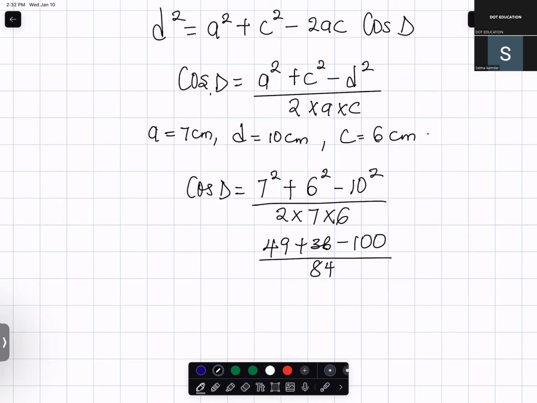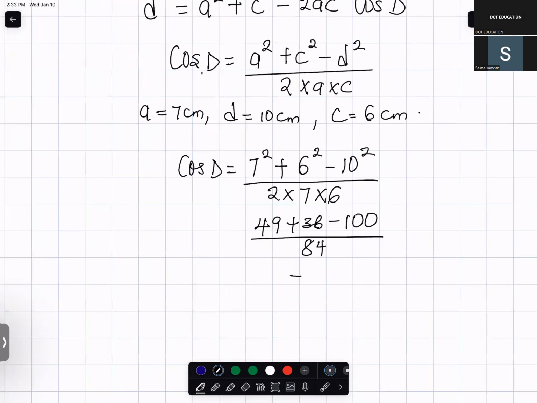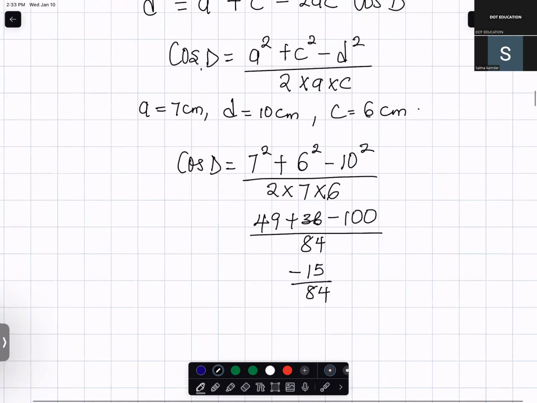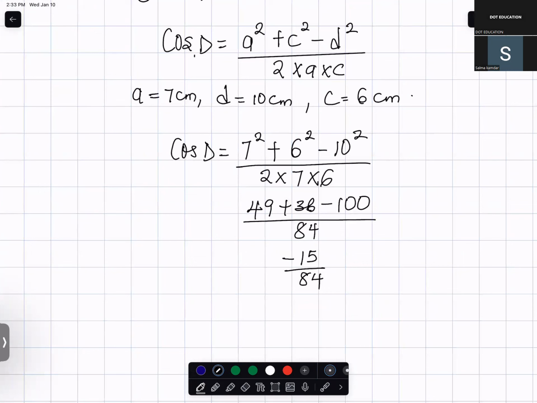So add the values of 49 plus 36, subtract 100, gives us minus 15 divided by 84. So I have my minus 15 divided by 84, which gives minus 0.1786.